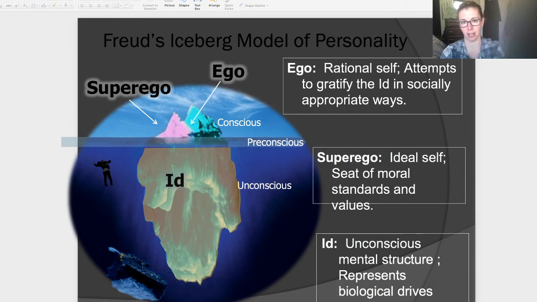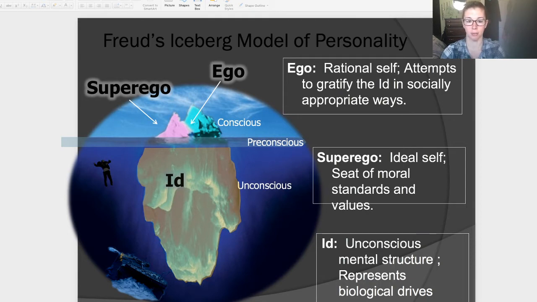Okay, so this is the psychodynamic model. He said that our personalities are based on three sort of mental persons, I guess, inside of each of us. And those are the ego, the superego, and the id. Of the iceberg model, you can see that the majority of the iceberg is underwater.